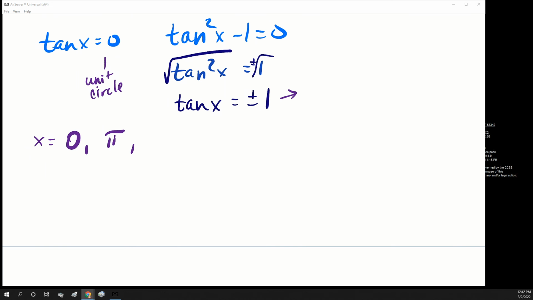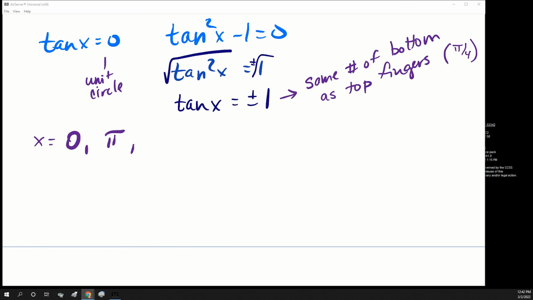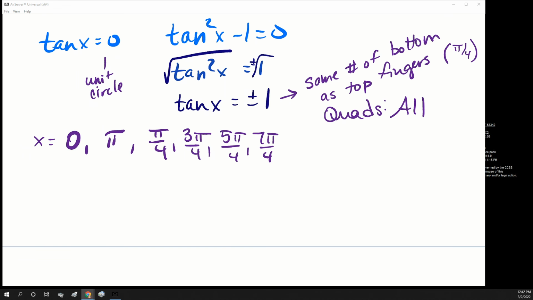So we want the same number of bottom fingers as top fingers to get 1. All right, so that is going to be pi over 4. What about quadrants? All the quadrants. Okay, so we're looking at pi over 4 in every quadrant. This one has a lot of answers.